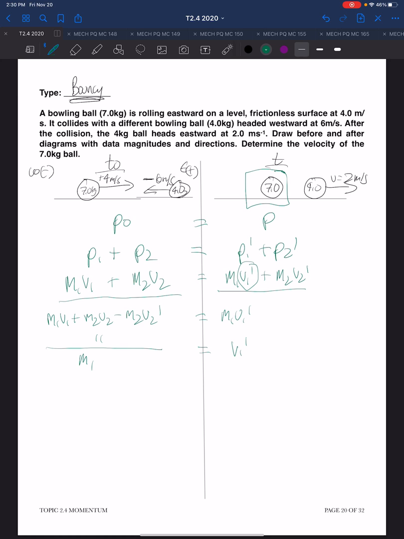Now we can plug in the numbers. Mass 1 is 7 and the velocity was 4. M2 had a mass of 4 and a velocity of minus 6, and its velocity afterward is plus 2. All of that divided by 7. So V1 prime is 28 minus 24, and 8 on this side.